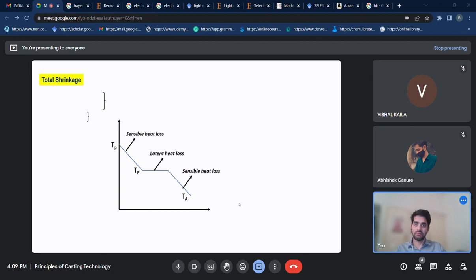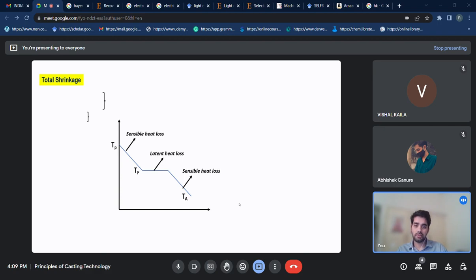So as you can see in this curve, there are three temperatures mentioned: TP, TF, and TA. Whenever we are pouring our molten melt into a cavity, TP is the pouring temperature, which is always higher than the melting point of the particular material. After we pour, it is in a completely liquid state.